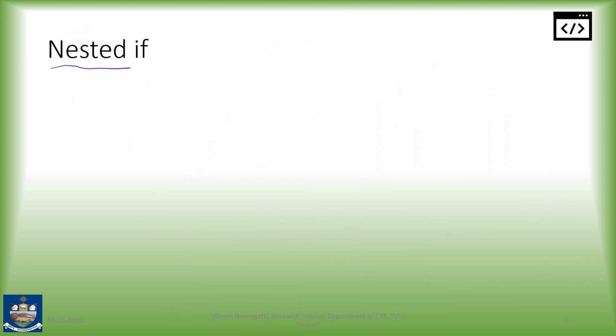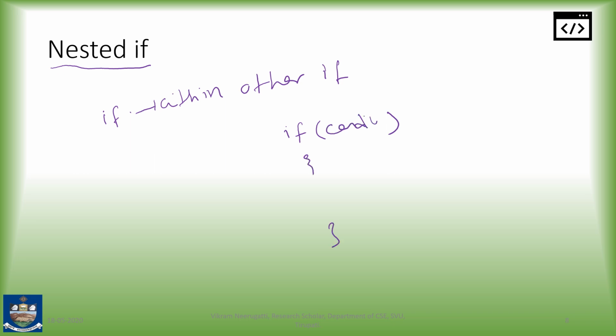And we have the concept of nested if. Nested means an if within another if. For example, we have an if statement, condition 1. This is the if statement. Again, inside the if, we may have another conditional statement, maybe condition 2.